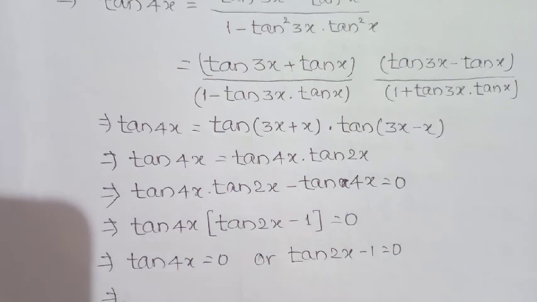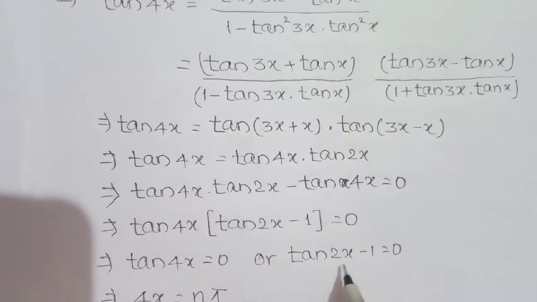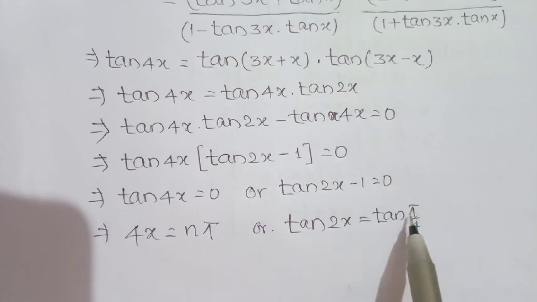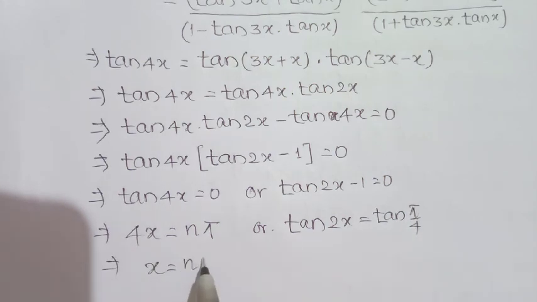Tan 4x equal to 0 means 4x is equal to n pi, and tan 2x minus 1 equal to 0 means tan 2x is equal to tan pi by 4. Now write its general solution. From the first one, x is equal to n pi by 4.